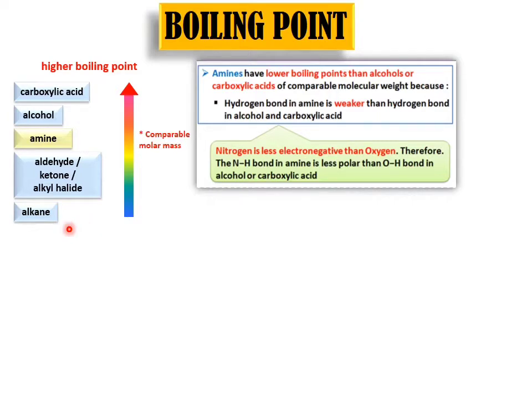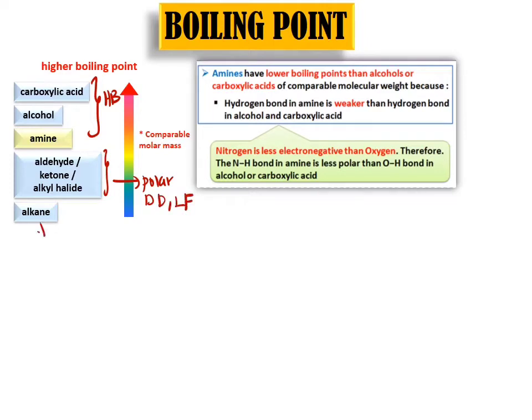So as we know, guys, carboxylic acid, amine and alcohol, the three compounds here can form hydrogen bond, but aldehyde, ketone and alkyl halide are polar compounds which contain dipole-dipole forces and London forces.